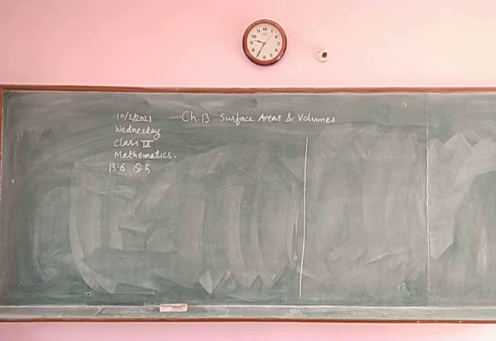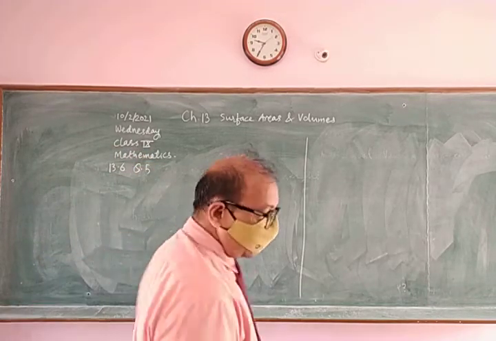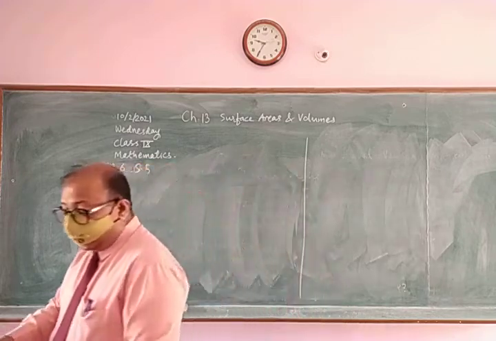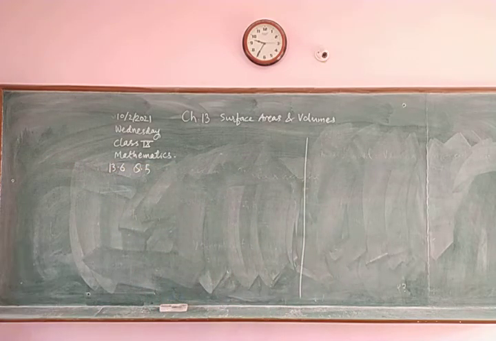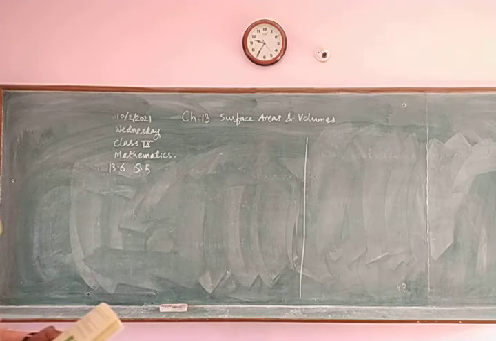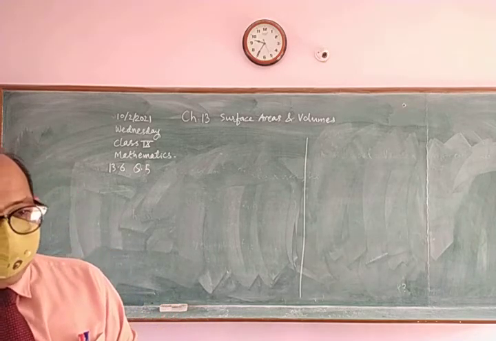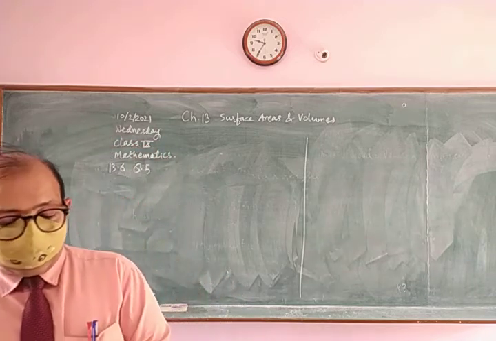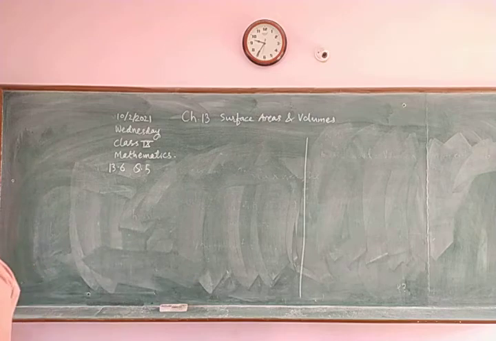Now question number 5, exercise 13.6. If it costs rupees 2200 to paint the inner curved surface of a cylindrical vessel 10 meter deep. Deep means it's a height. If the cost of painting is at the rate of rupees 20 per square meter, fine.